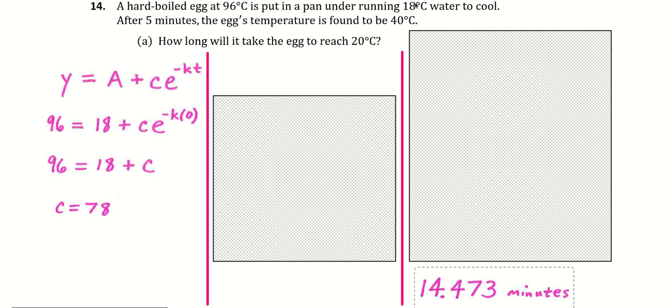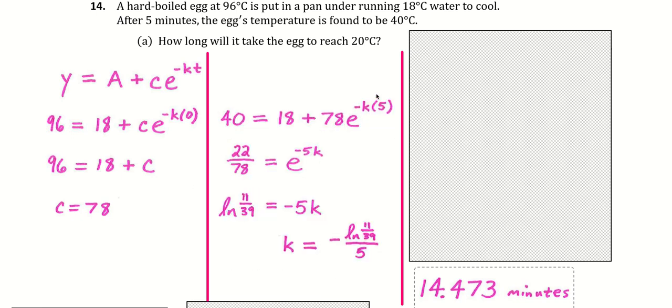Remember, capital A, that's the fixed number, and this allows us to figure out little c. Then we move on to this next moment, where we have some more information, where at the 5-minute mark, the temperature is 40 degrees. So that means you can plug in 5 for T.